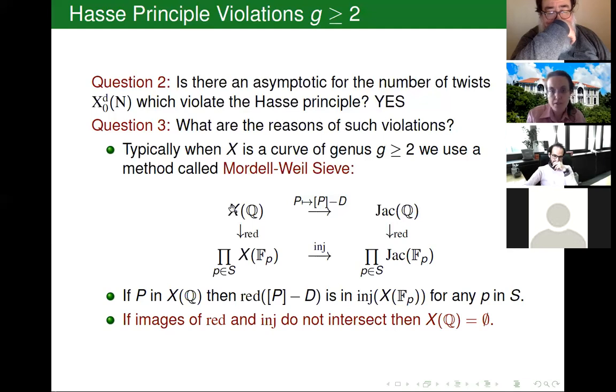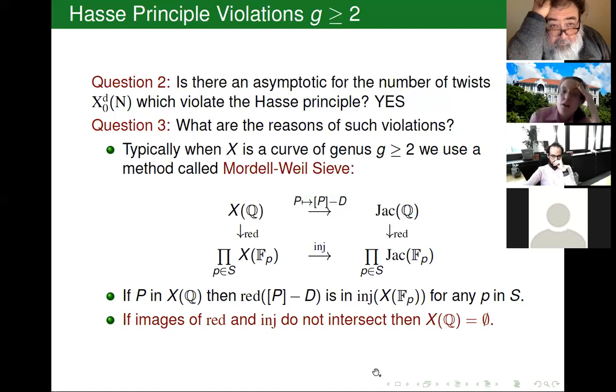If there's a P here, I can follow these two arrows and reach here, or I can follow these two arrows and reach here, and these two images must intersect. If they don't, then there is no such point to begin with. Then the XQ is empty. That's the idea of modularity. Why is it helpful? Because obviously computing these points here, since this is over a finite field, is more approachable.